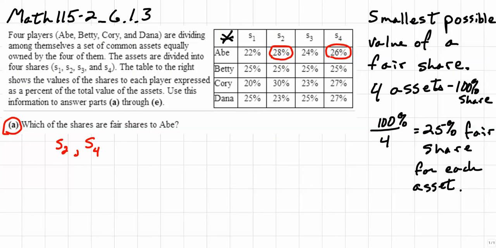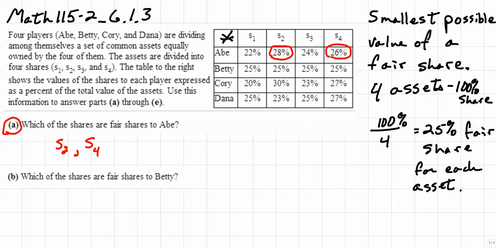Now, we're going to find the fair shares for Betty in a moment, but one thing that I want to show you is that if you put the comma down below, it will mark it incorrect, and we'll do that in a moment. So let's go back to this part and say, we want to know which of the shares are fair shares to Betty.